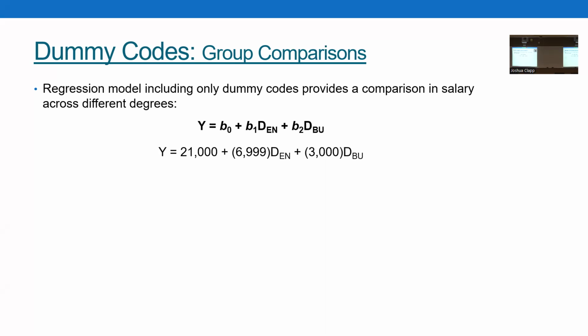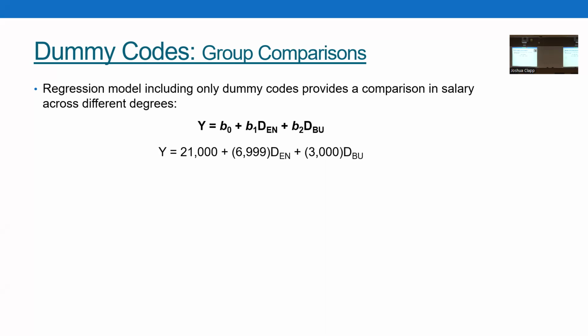Here's the model that I'm getting. I've got an intercept of $21,000, 6,999 for engineering and 3,000 for business.